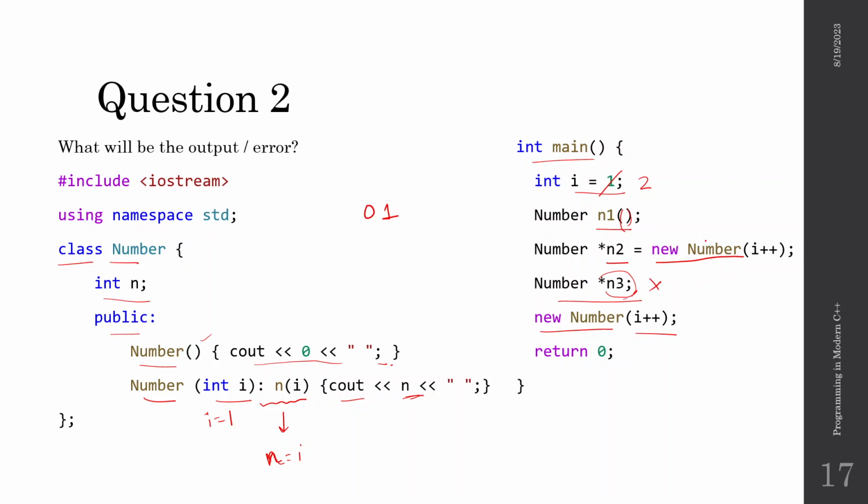This is similar to before, so it will print 2. But this new object will not be assigned to any pointer, so it will just be created with no reference to it. Anyway, the final output will be 0 1 2.